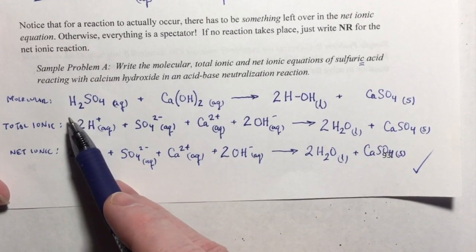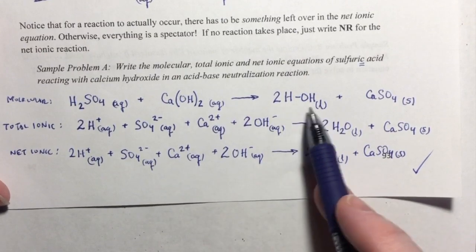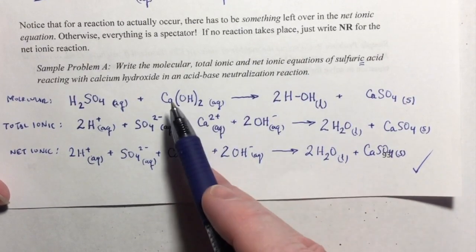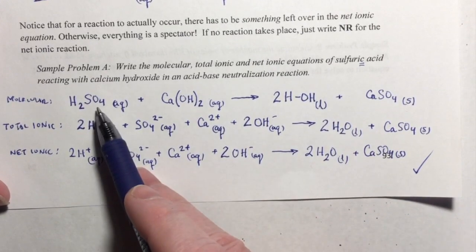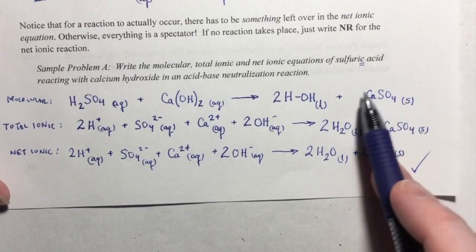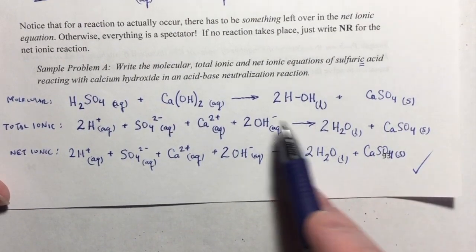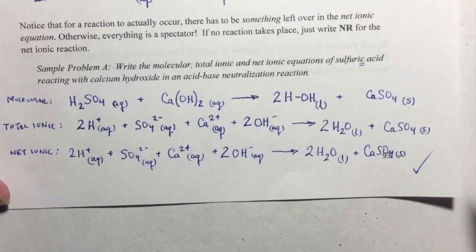But anyway, they found the hydroxide ions of the base and formed water molecules. And similarly, the calcium ion found a sulfate ion in solution, and they also formed an insoluble species. So everything reacted. Moving on.